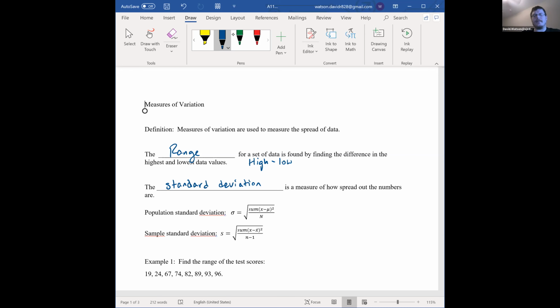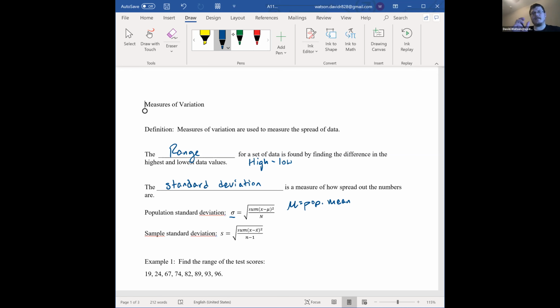The population standard deviation is called sigma. That symbol right there. It equals the square root of the sum of each data value minus the mean, where mu is the population mean.